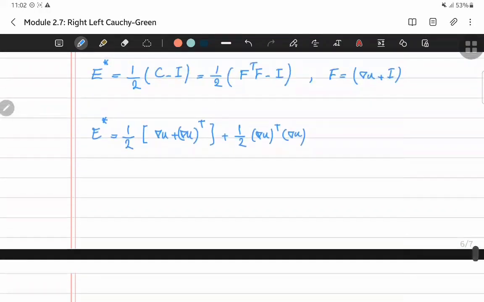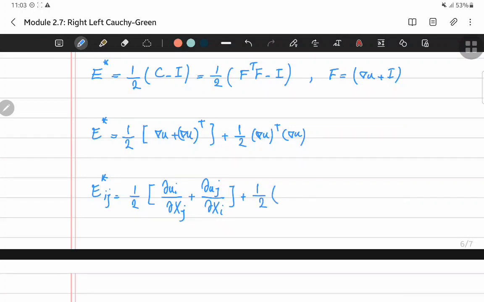And in index notation, we have E star ij, so it's a second order tensor. We have half of the partial derivative of ui with respect to capital Xj, because we are writing everything with respect to the reference configuration, plus the partial derivative, this is transpose so we swapped the indices here, of uj with respect to Xi, plus half of, here I write del u transpose, and here I have del u.